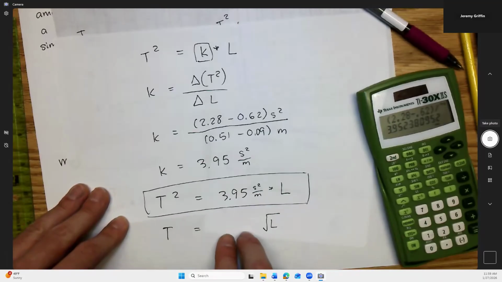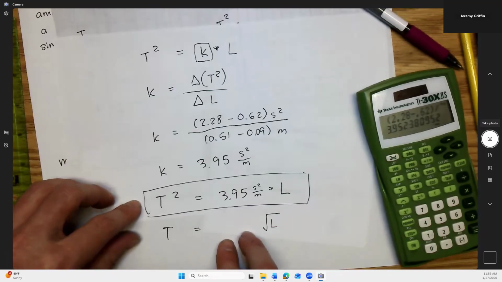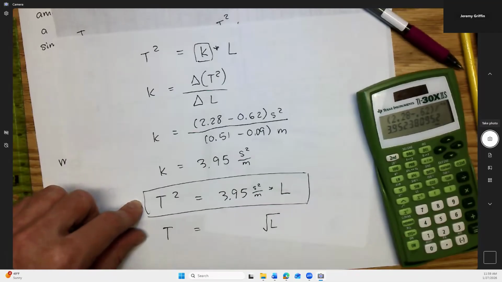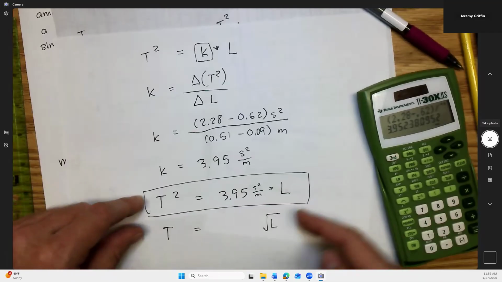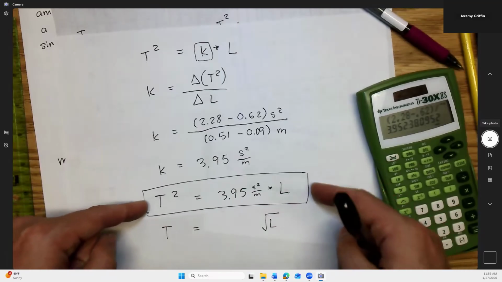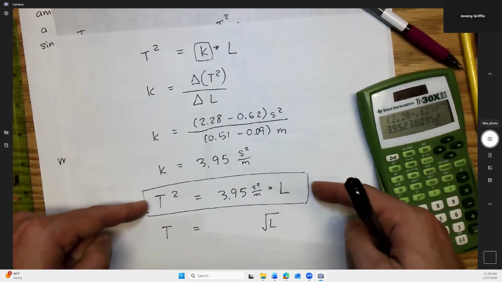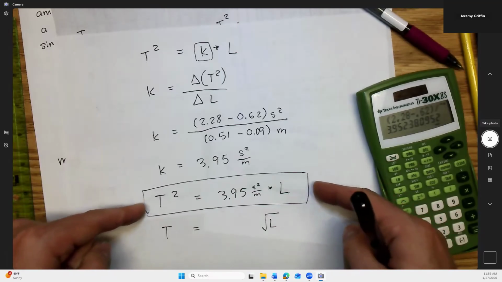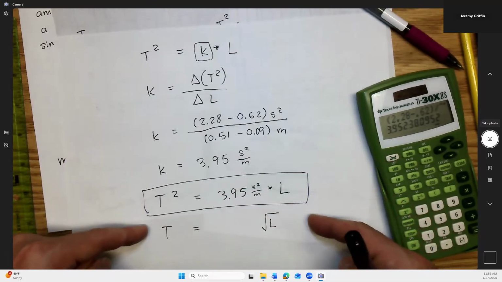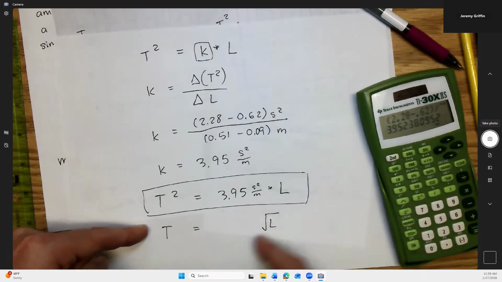Think critically. Is this going to link to the actual textbook answer I'm about to show you? But I want to see if you can get this. Here, we went through T squared and we got this expression. But now that we have this, what if I just went with the time period straight up in terms of the square root of the length? How do I get this number right here?